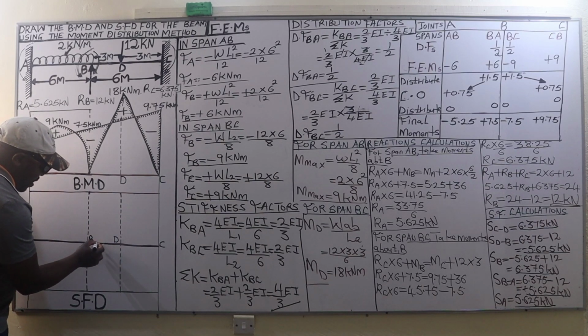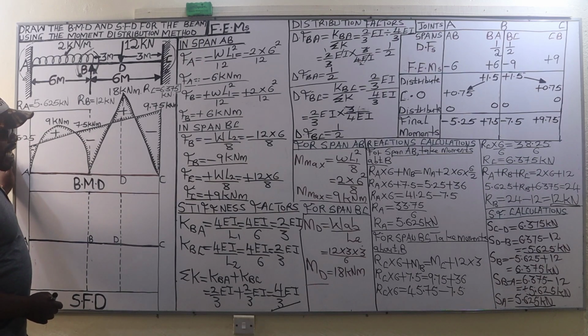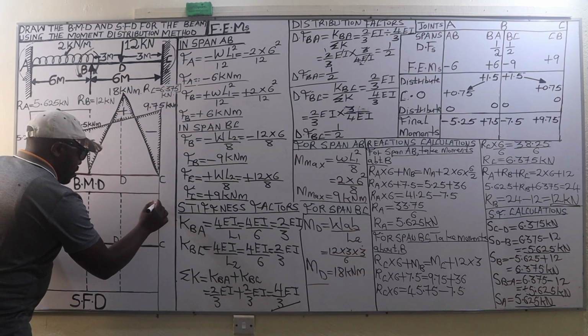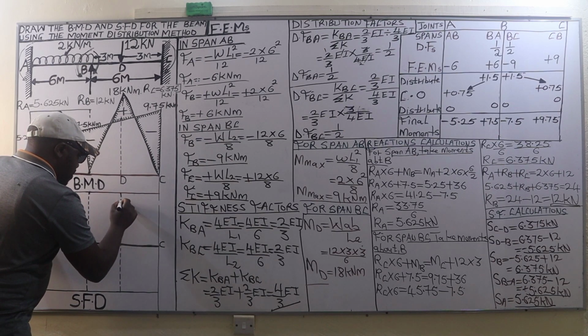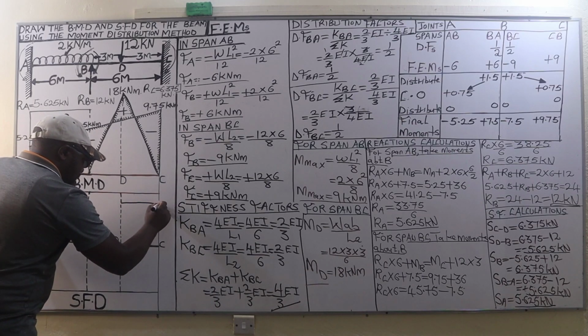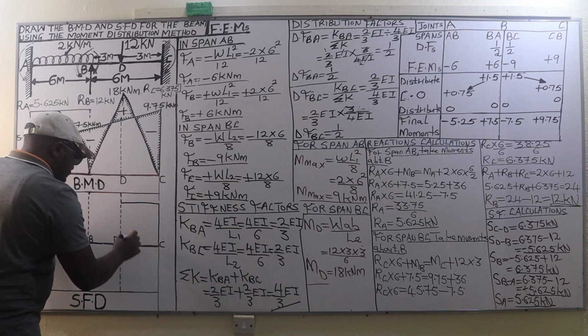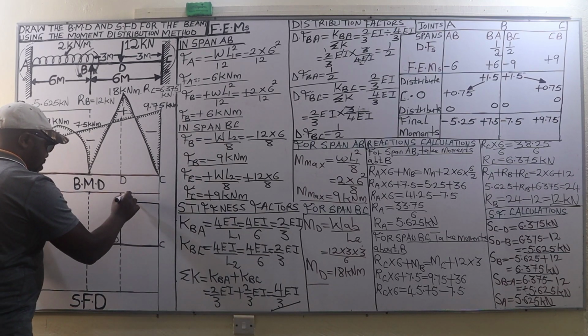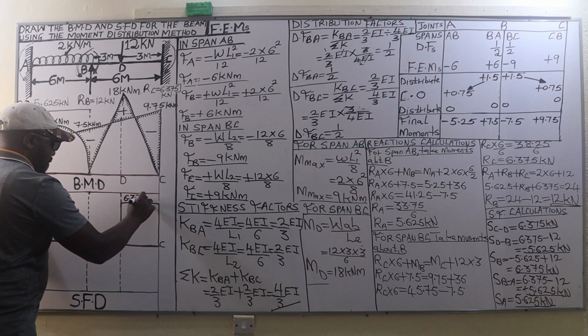We are going to begin with the shear force between C and D, which is 6.375. So 6.375, where is that point? Between C and D, that's going to be a straight line. Then join it to C as well as at D. So this is 6.375 kilonewtons.